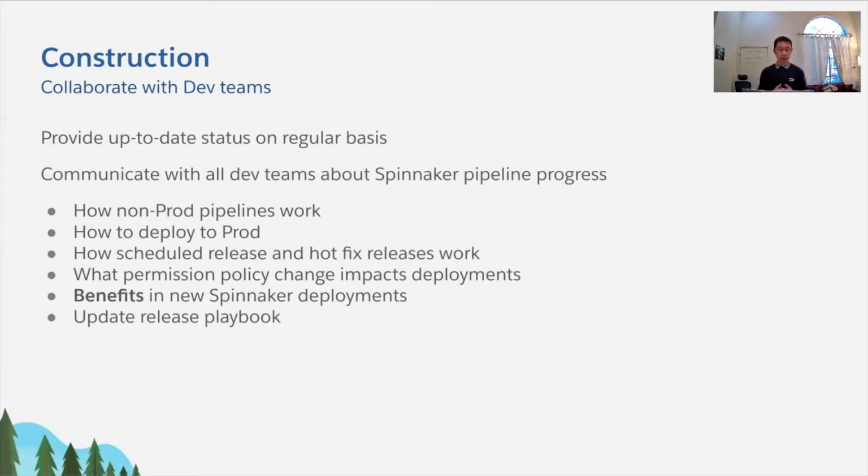These are the key points we need to communicate: how the non-prod pipeline works, how to deploy to prod, how scheduled release and hotfix release work, what permission policy changes impact deployments, and the benefits of the new Spinnaker deployments, which are very difficult to achieve in the legacy CI/CD using TeamCity.